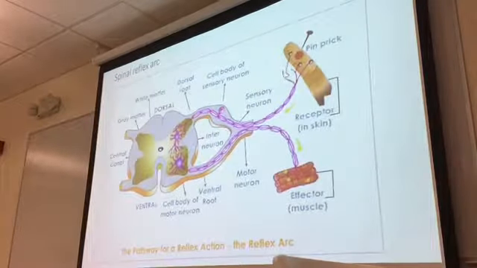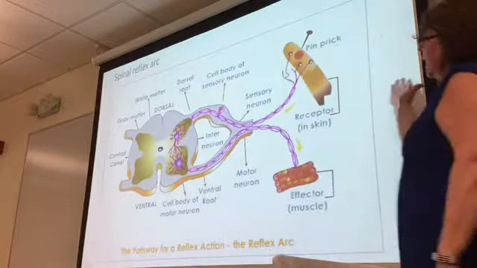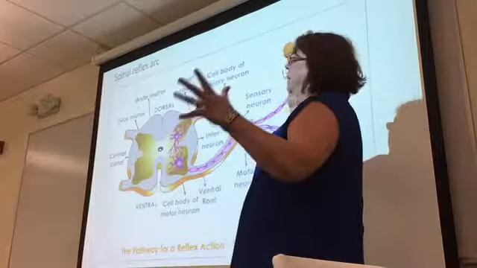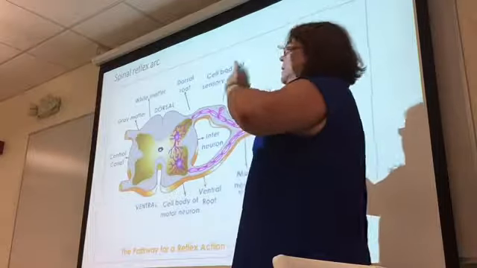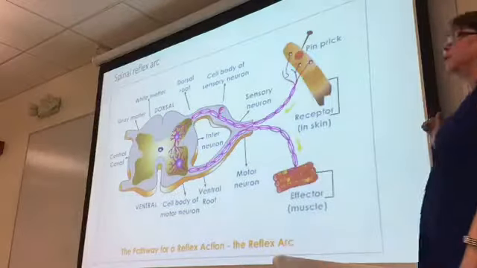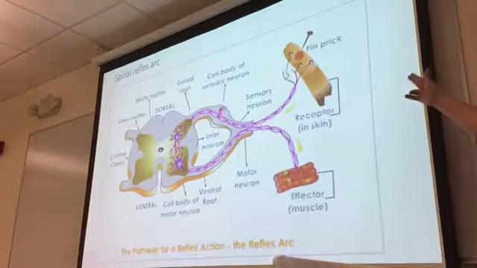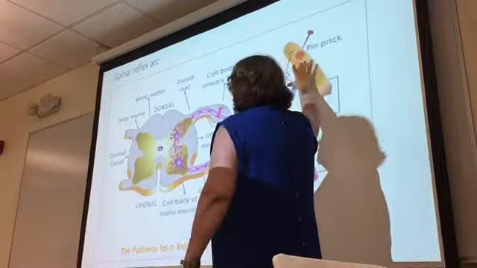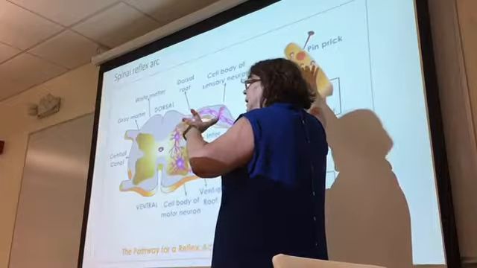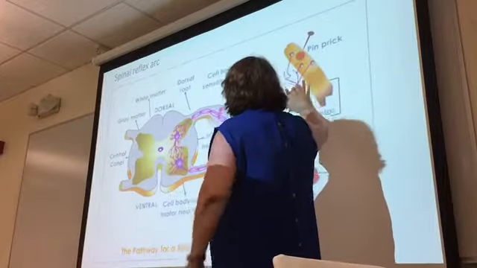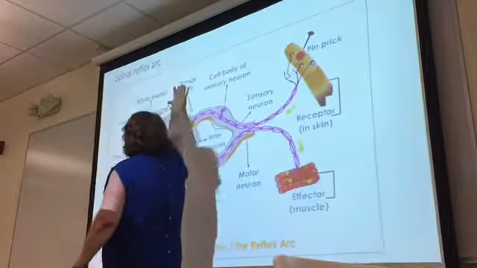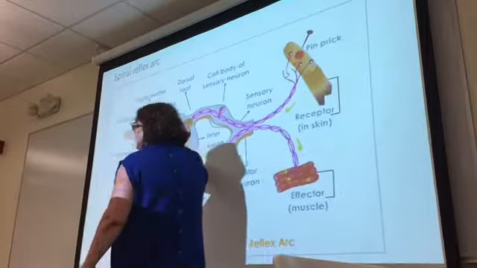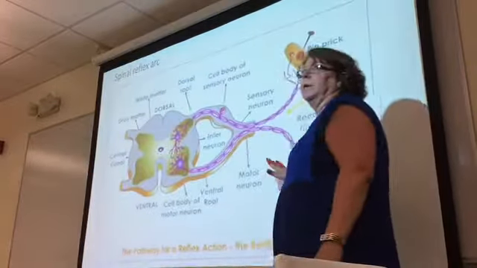Reflex arc. Remember from A&P, saying, oh my God, I remember this little butterfly-looking design, the cross-section of a spinal cord. Typically when sensory input comes in, I see something, I want to move, it goes up to the brain, comes back down, and I do something.